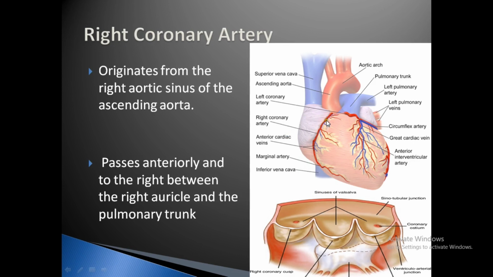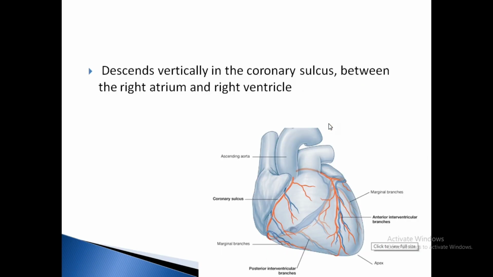Then it passes anteriorly between the right auricle and the pulmonary trunk.